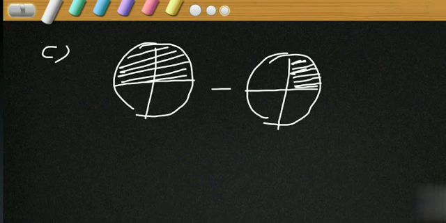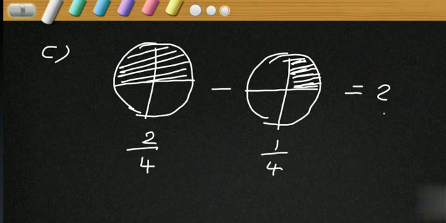That means we are going to subtract the second figure from the first figure. What is the fraction corresponding to the first one? Yes, 2 by 4, no doubt. And what about the second figure? Yeah, it is 1 by 4. So you have to find out the figure and fraction corresponding to the answer.